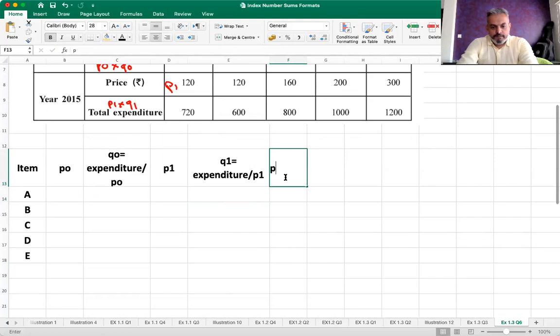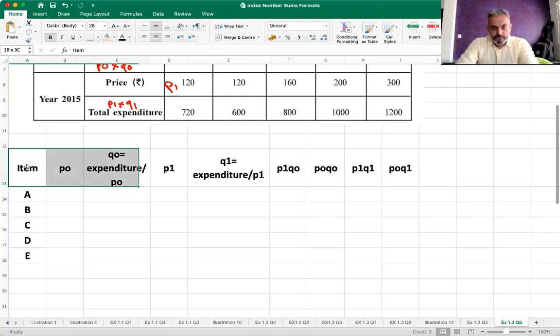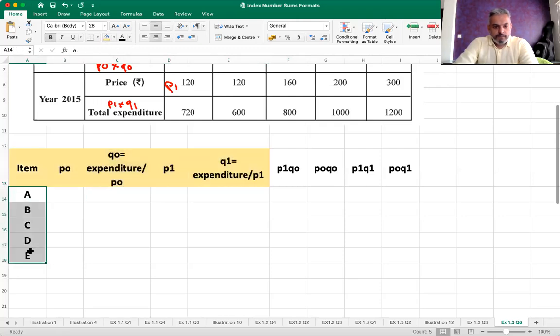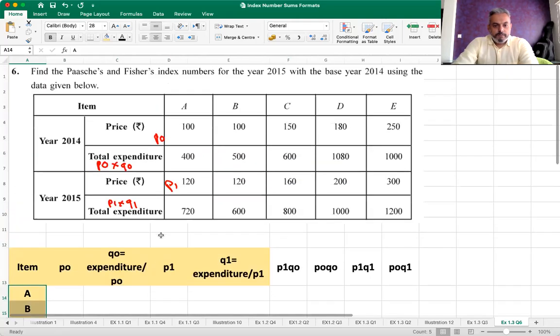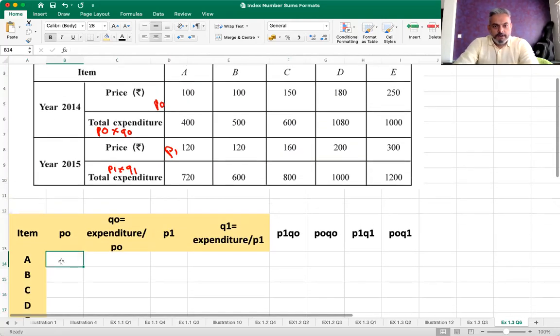And then P1 Q0, P0 Q0, P1 Q1, P0 Q1. Now why we will need all of these is because we also have to find out Fisher. That's why. Now let's go one by one.